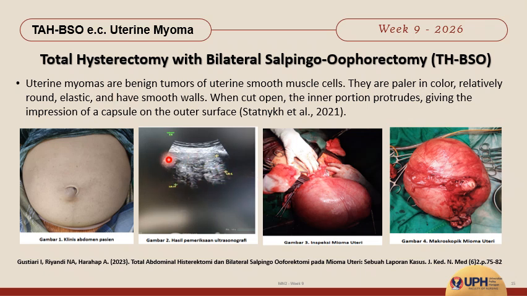Once they open the abdomen, you can see how big the myoma is, and then you do removal of that. So that's what happens in the removal: the myoma, and then they remove the whole uterus, as well as the fallopian tubes and ovaries on the left and right.